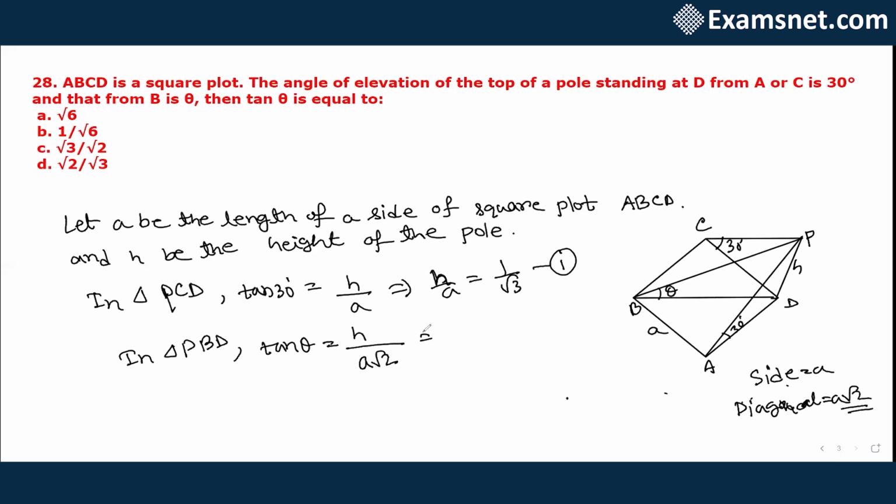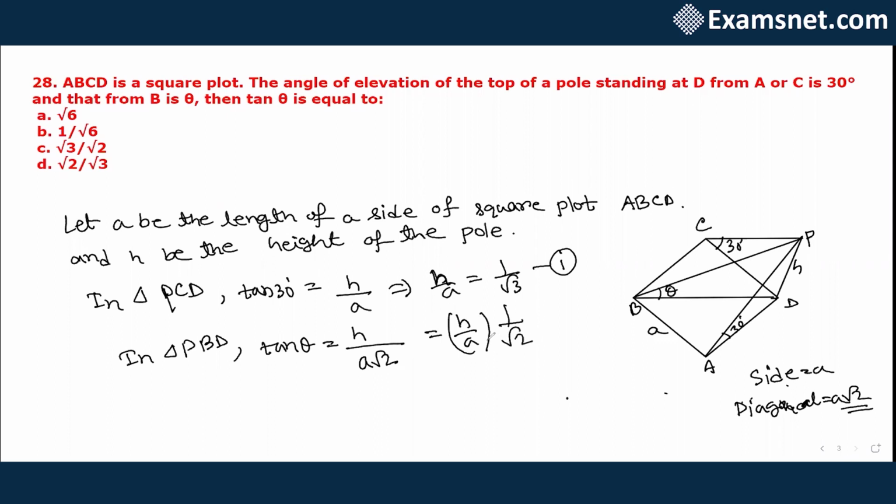this tan theta value we don't know. So here we need to find that theta value. Correct. So how can we do that? Look here, from BD, let's say here H by A and 1 by root 2.